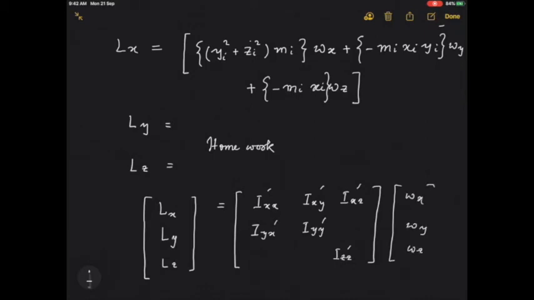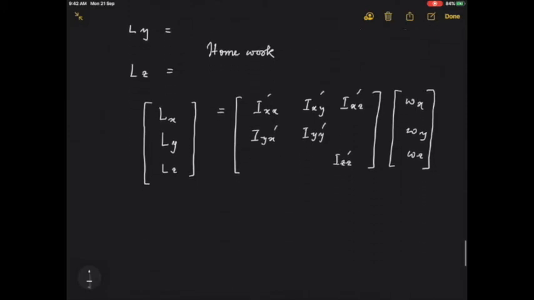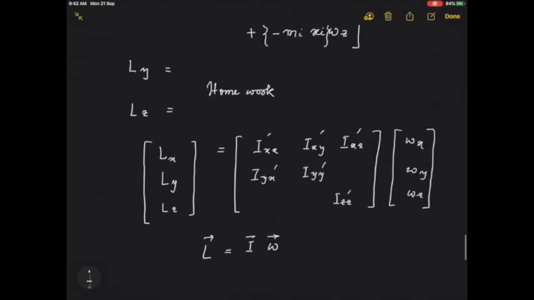And you can fill up the rest. Times omega x, omega y, omega z. Or if I write a shortened notation, L can be written as I omega.